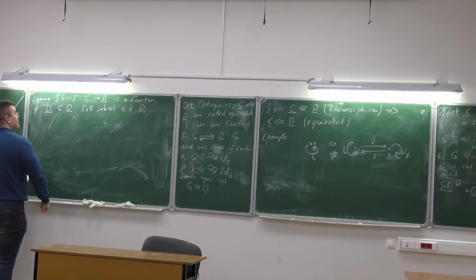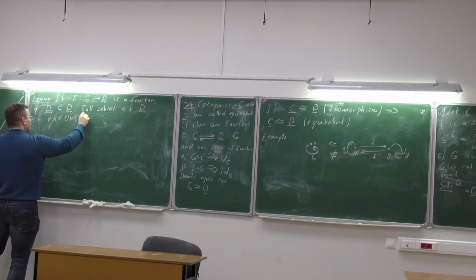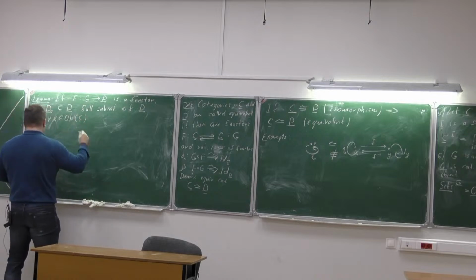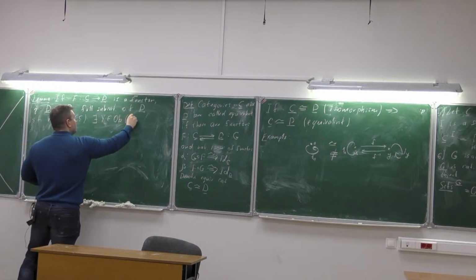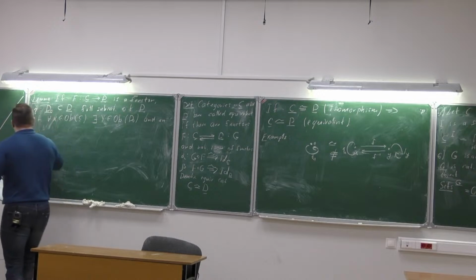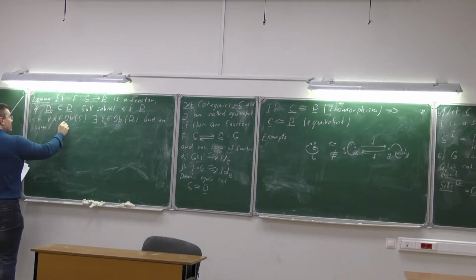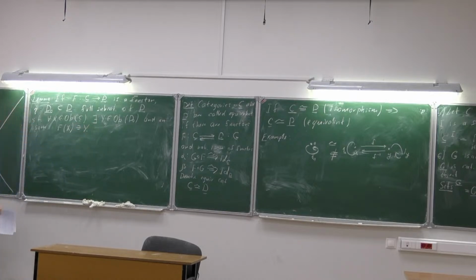This is the data satisfying the requirement that for any object X in the category C, there is an object Y in the category D naught and an isomorphism of F of X and Y. So essentially I'm saying that up to some isomorphism, the image of this functor F is in the subcategory D naught. This is what the assumption is saying, in terms of words.